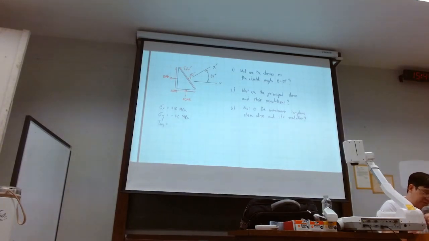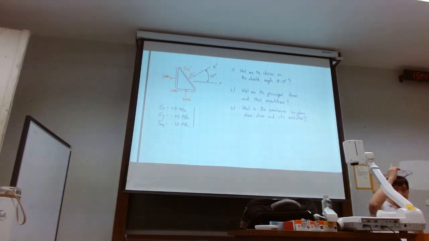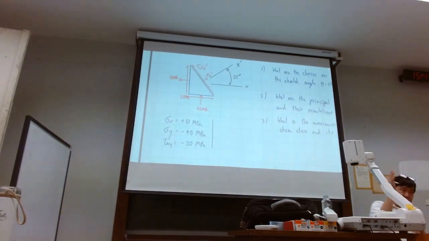Tau xy is negative 20 MPa. Now those are the part of the solution. If anyone has difficulty translating from the picture to those three items, please let me know. Because that's going to be the very important step in getting a perfect score.